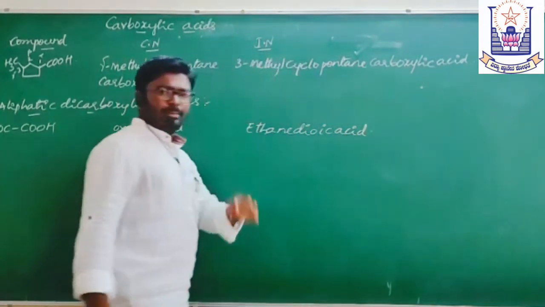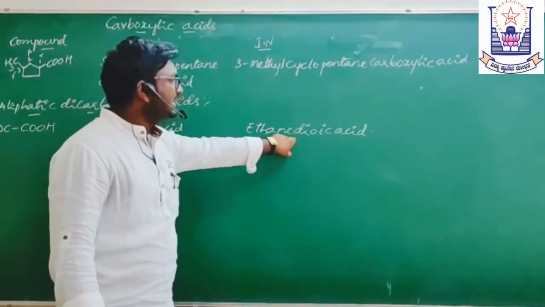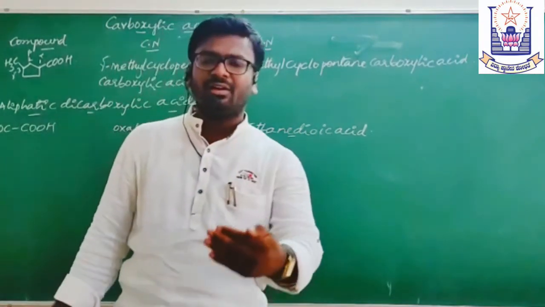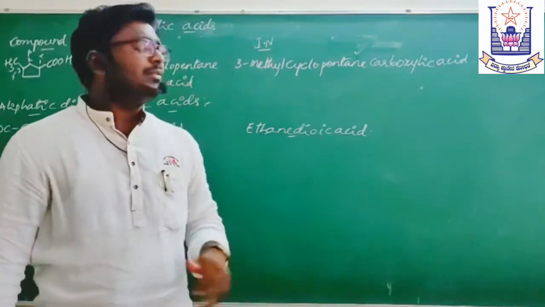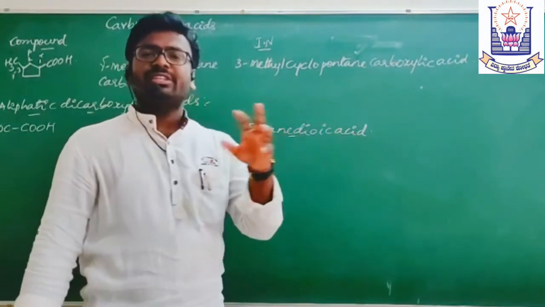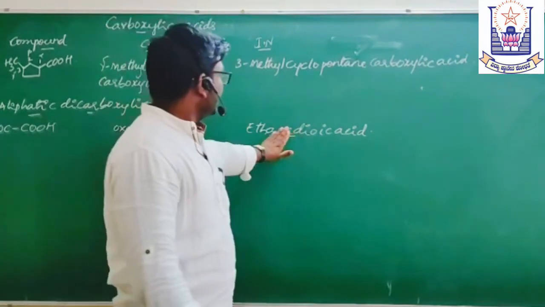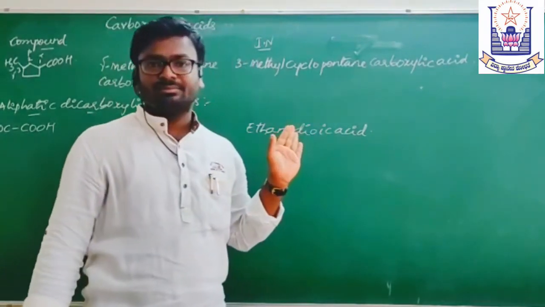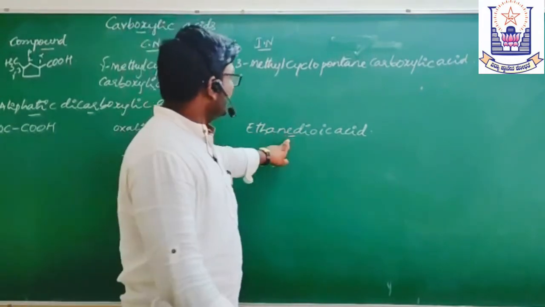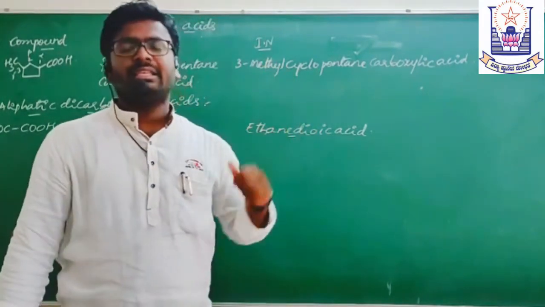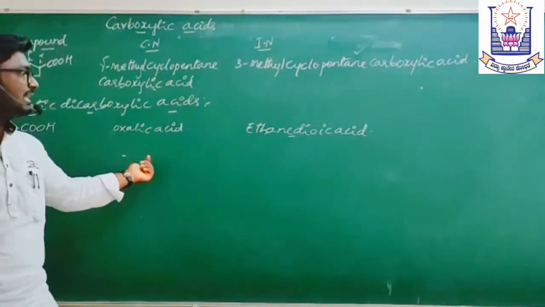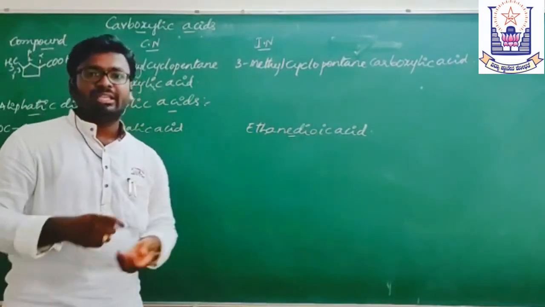And you have to observe that the E is retained. You have to retain the E of the hydrocarbon whenever you get di, tri, tetra, etc. If it is a monocarboxylic acid, replace that E with oic acid. But when it comes to di, tri, tetra, you have to retain that E. Now, the IUPAC name of oxalic acid is ethane dioic acid.